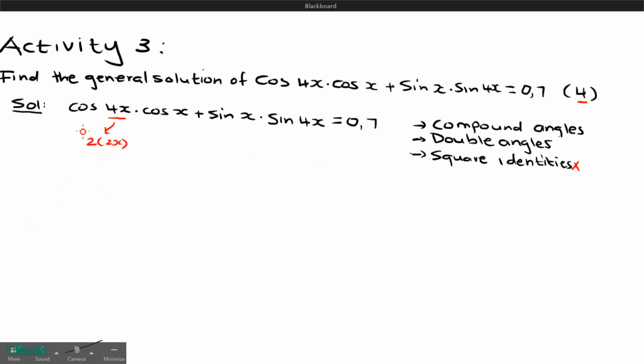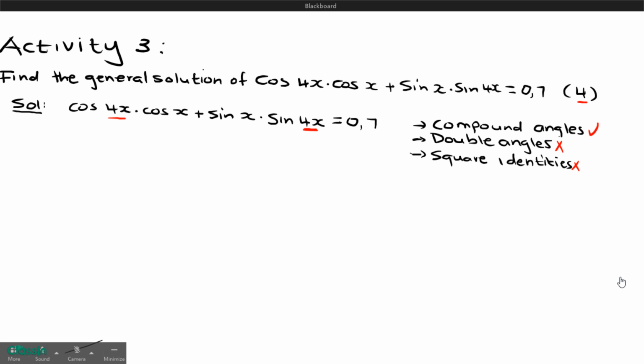That takes a 4 marks question a very long way. So we need to forget about the double angles for now, and treat this as a compound angle, ignoring the fact that we can split 4 into multiples of 2.